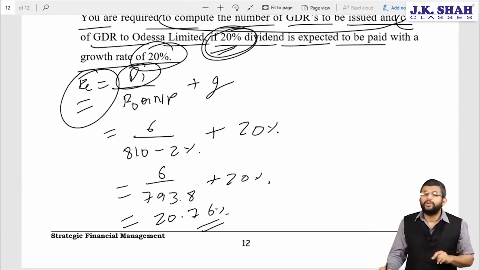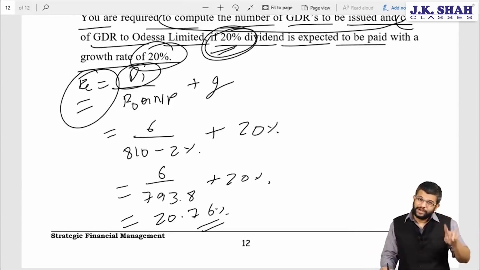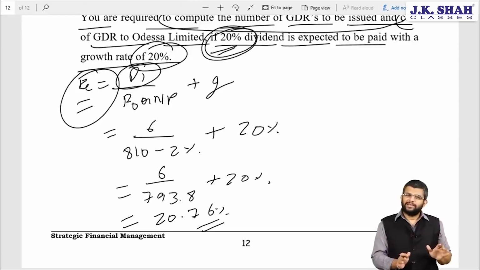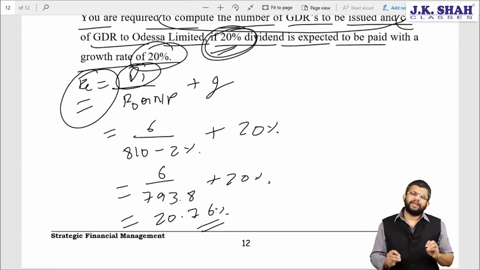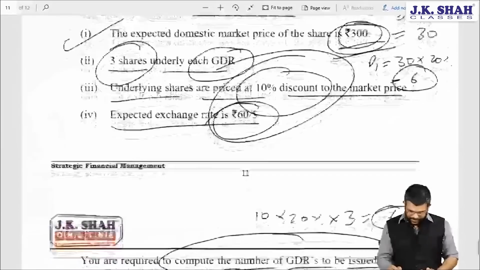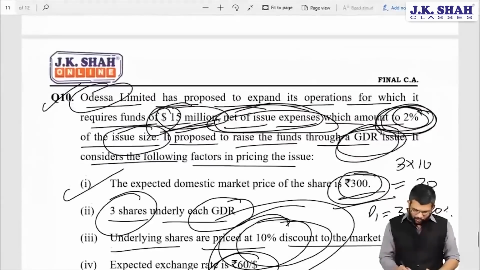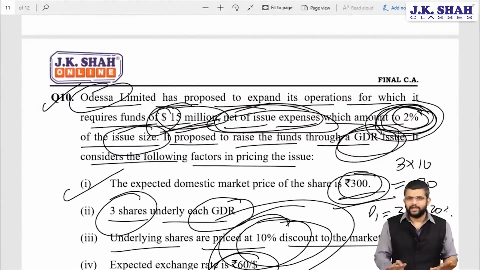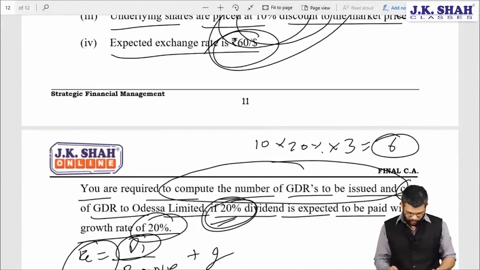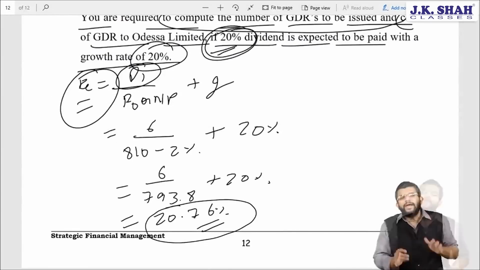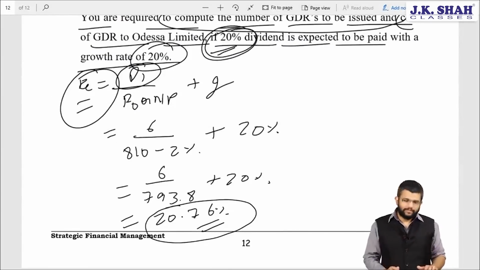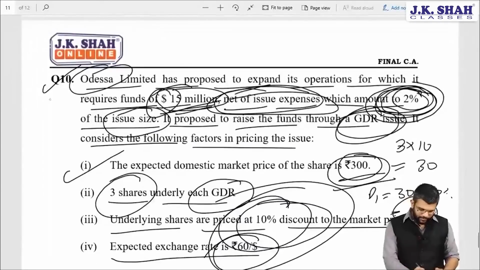But because it is issuing equity shares, which then get converted to GDRs, they're asking you the cost of GDR. We have taken into consideration the 10% discount as well as the 2% issue expenditure. Everything is taken into consideration, and our cost therefore swells up to 20.76%. So with that, we complete this question number 10.